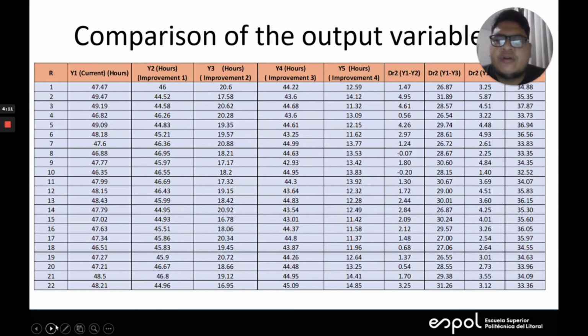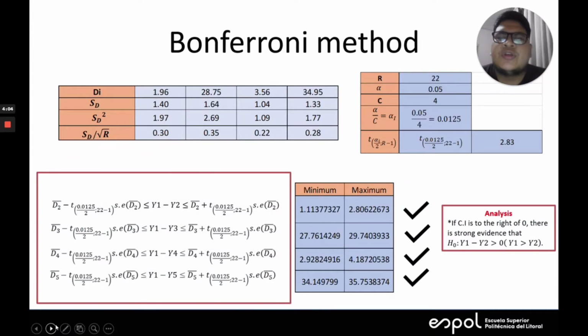With this number of replicas, the current model is run with the improvement proposed in Flexsim. The following table shows the results. To see if the improvement has a significant impact on the current model, it is necessary to apply the Bonferroni method. For this, the mean of the time subtraction of the current model is obtained with half of the improved model.